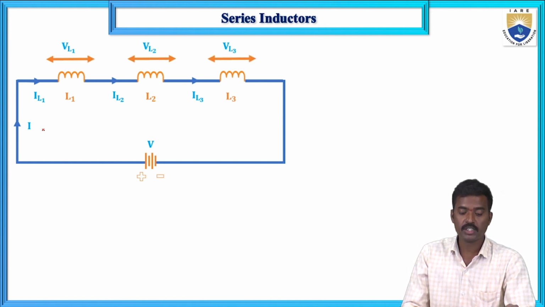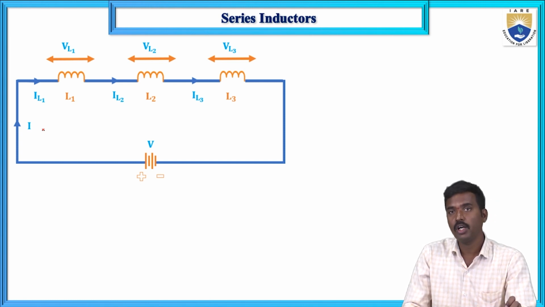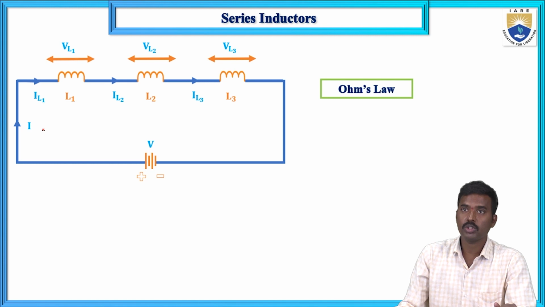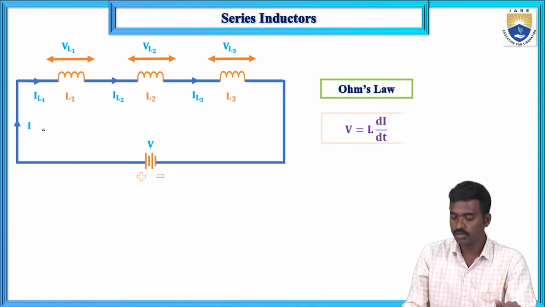Now the voltage across inductor L1 is VL1, across inductor L2 is VL2, and across inductor L3 is VL3. According to the law, V is directly proportional to the derivative of current, so V equals L di by dt.